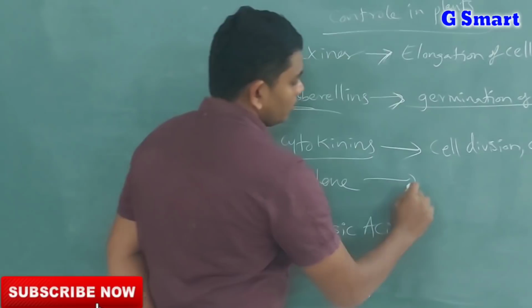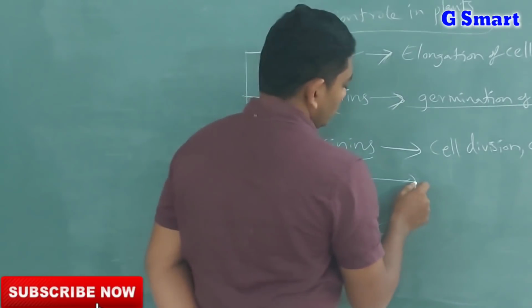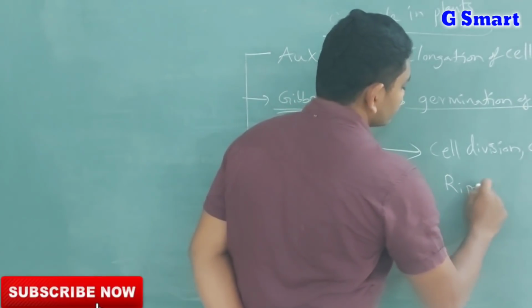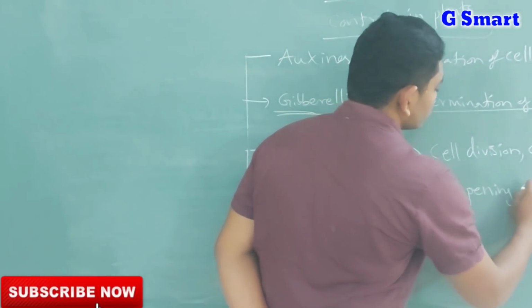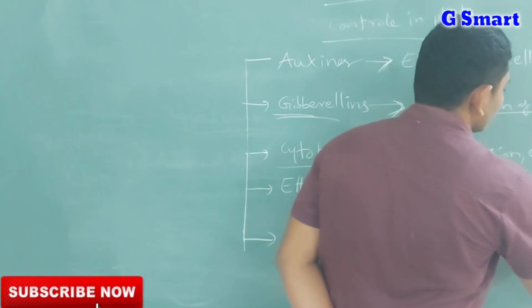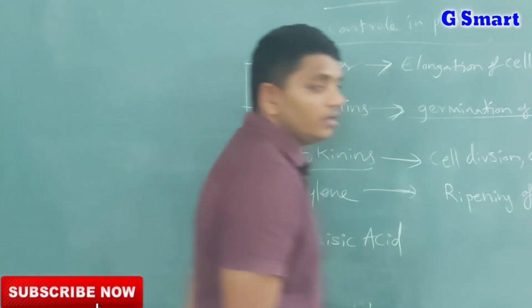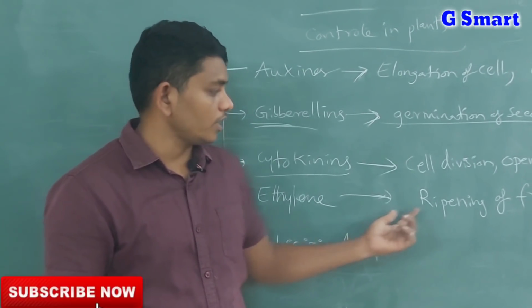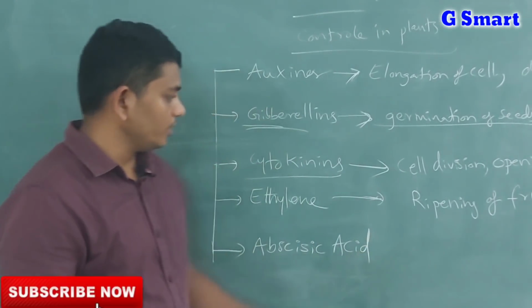And ethylene is a hormone useful for the ripening of fruits. So ethylene is a hormone. It is useful for ripening of fruits.